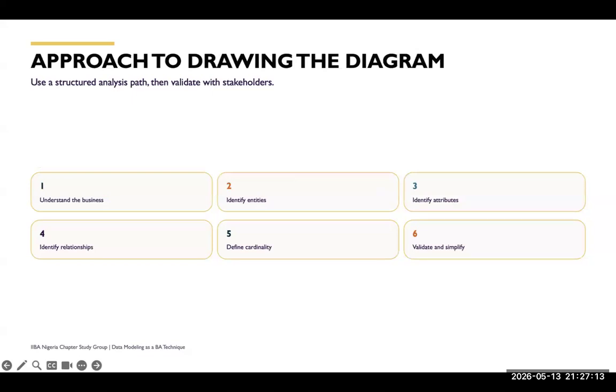So an approach to drawing your diagram is, number one, you have to understand the business. You need to know what the business is about. You cannot go in blind. You need to have that knowledge on the core areas of the business. Honestly, as a business analyst, it depends on how we're all working.